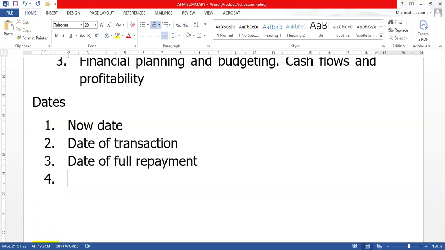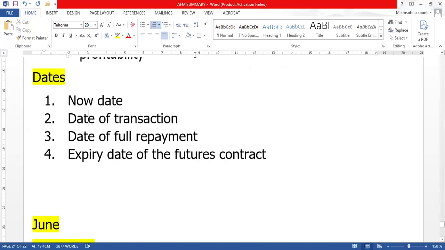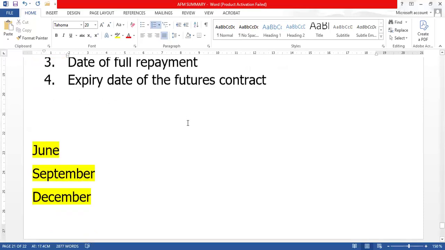Then you may need the expiry date of the futures contract. Those are 4 dates that you may be dealing with in the scenario. But you will need to know now which one is applicable on the step you're handling.